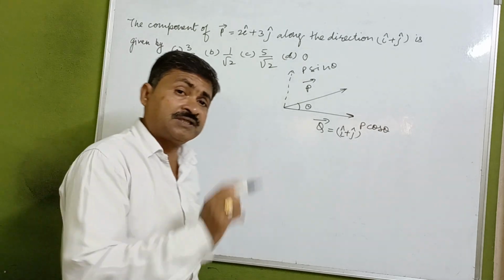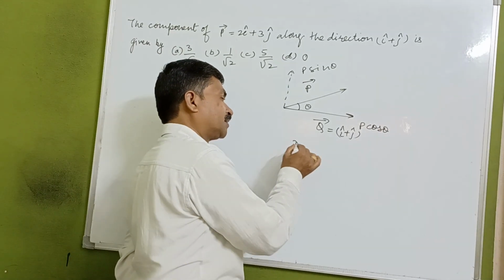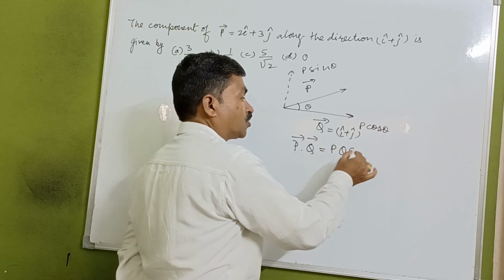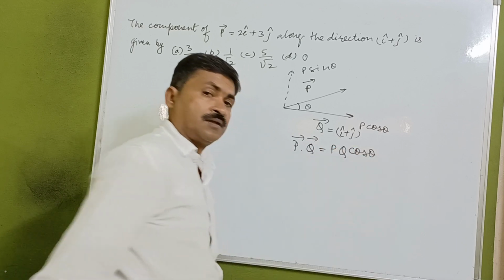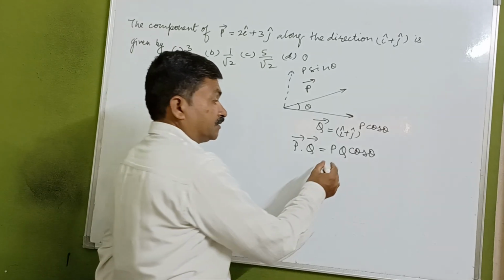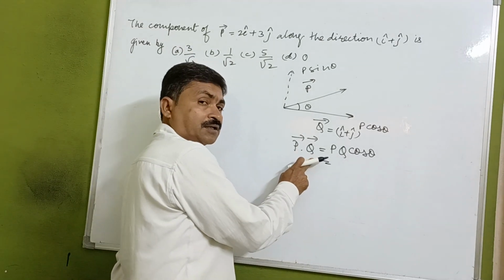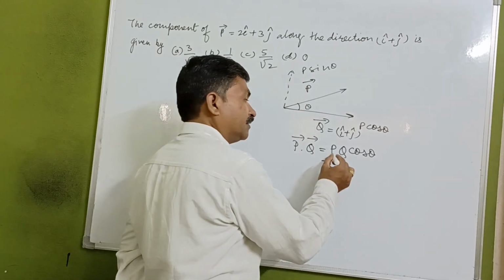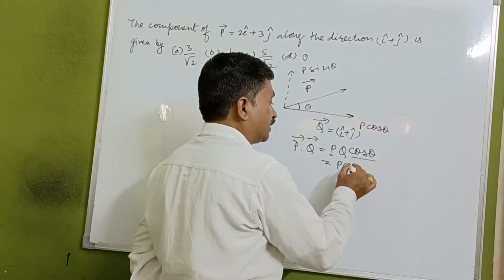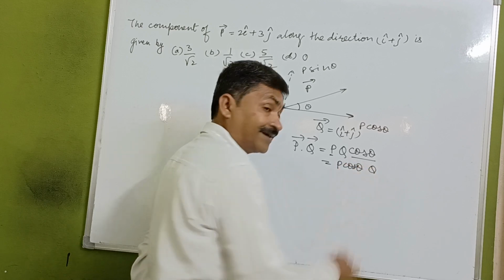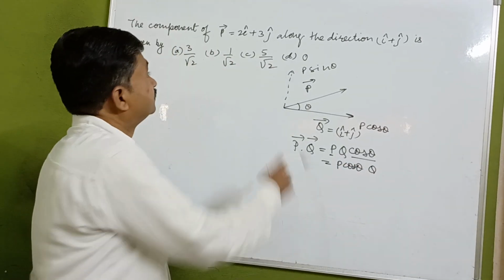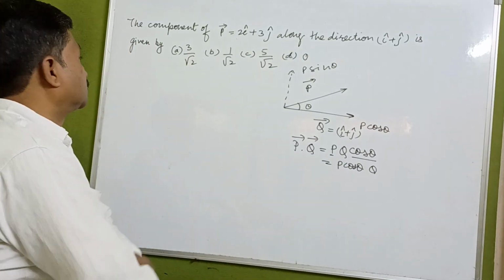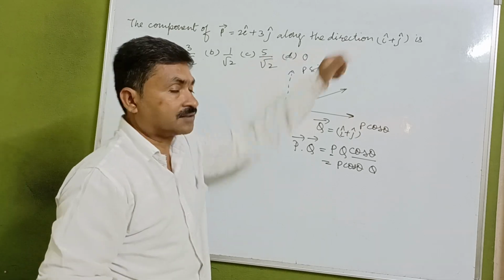Now, we know the dot product: vector P dot vector Q is equal to PQ cos theta. If we know the dot product of the given vectors, we can determine the component along the direction of this vector.